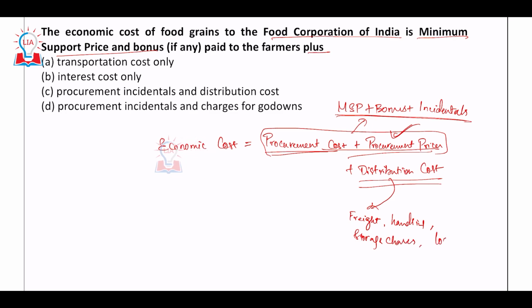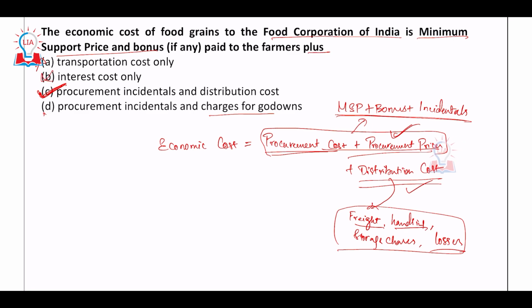Losses during transit, all of it would be distribution cost. So the answer would be procurement incidentals plus distribution cost. So when we say procurement incidentals and charges for godowns, what about the freight, handling, and then losses? That is not covered in option D. So answer is C.